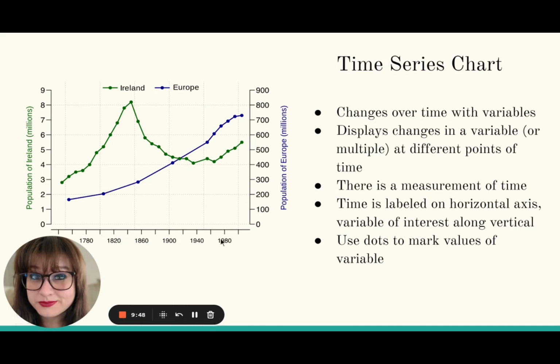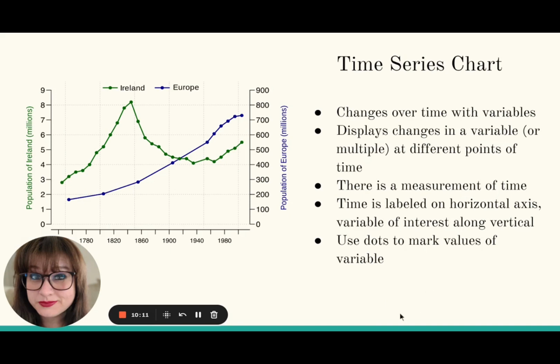Your time is labeled on this horizontal axis here. Your variable of interest is up here. In this case, you're looking at multiple variables. It's not always multiple variables, but it can be. The line graph is multiple variables from before, but this one doesn't have to be. You are looking at periods in time, though, hence why there are little dots. And you're looking at these changes.